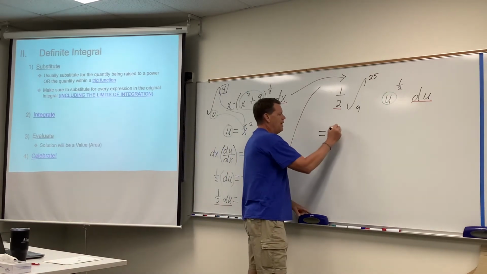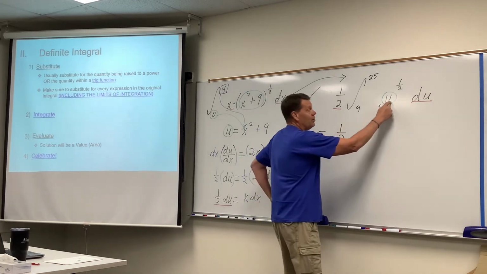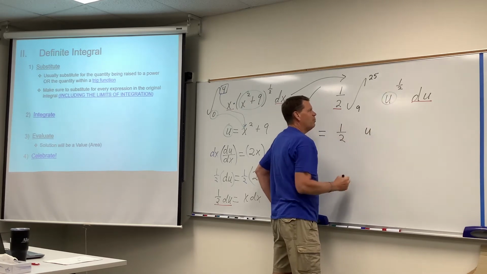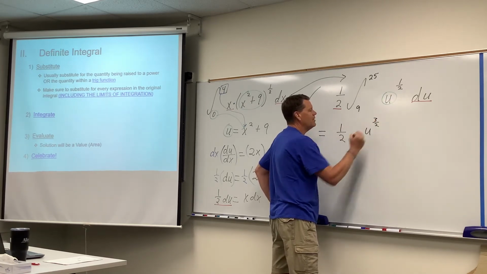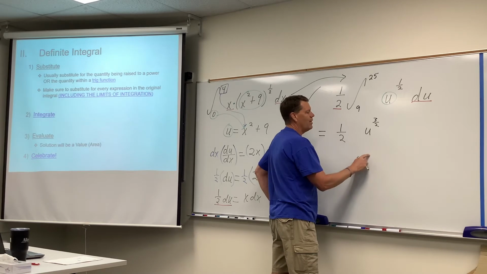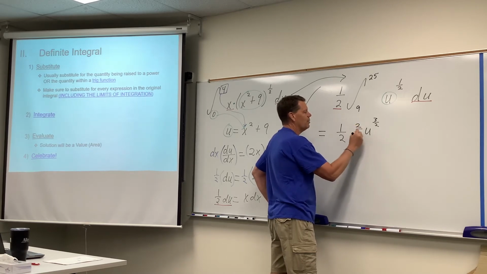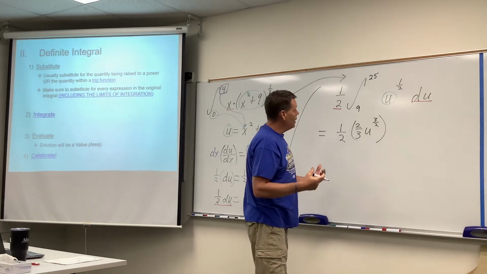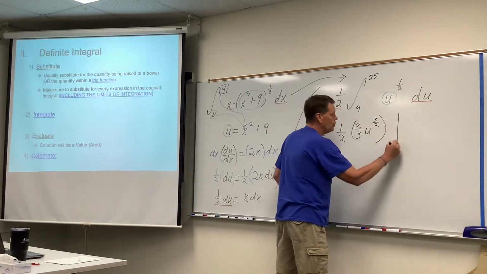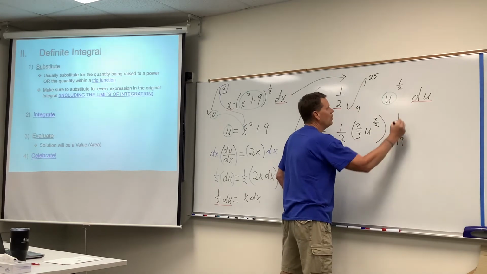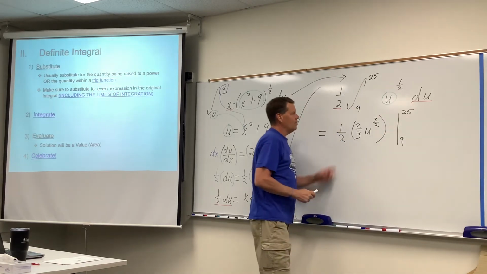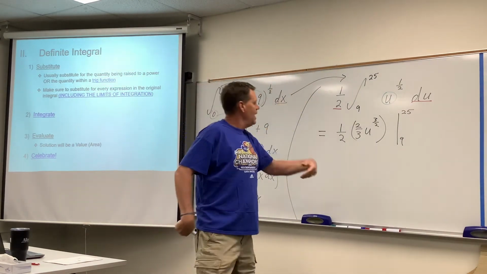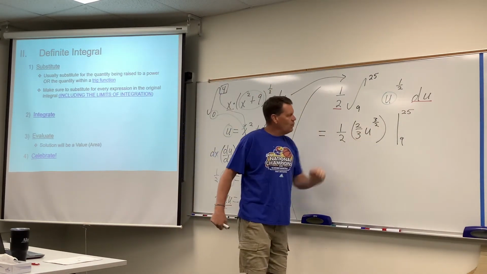And so that 1/2 would be in front. This is just the power rule, isn't it? So u to the 1/2 plus 1 would be 3/2. And then recall that division by 3/2 is the same thing as multiplication by 2/3. We don't put a plus C on here. We transfer it over to the symbol we use for evaluate, right? So the integration part has been performed. It's done, and we replaced it with the evaluate symbol.